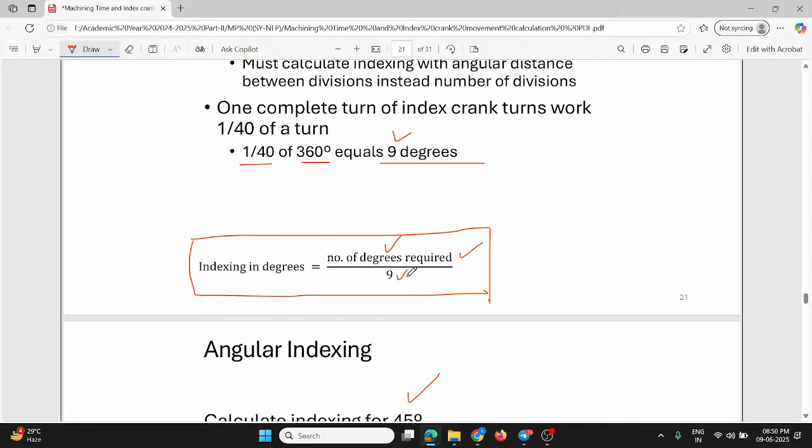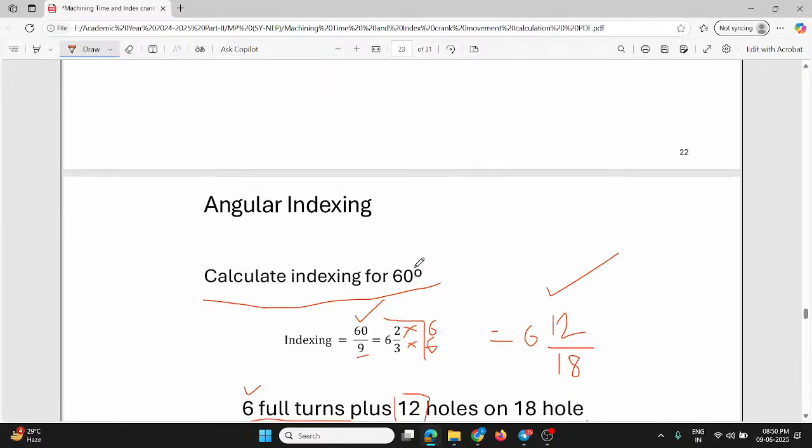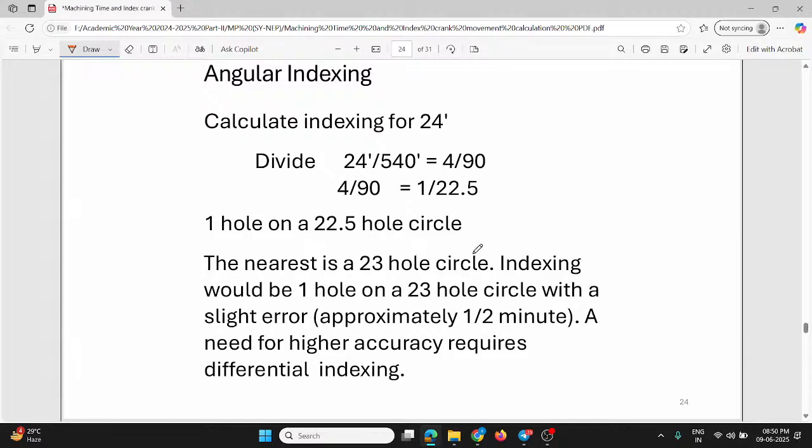If you want to divide it in minutes, degrees can be converted into minutes, that is 9 multiplied by 60, and if in seconds, 9 multiplied by 60 multiplied by again 60. So here it is 9 multiplied by 60, that is 540.